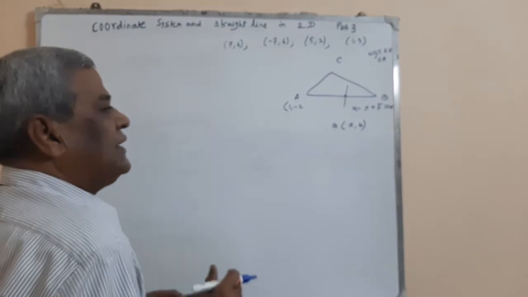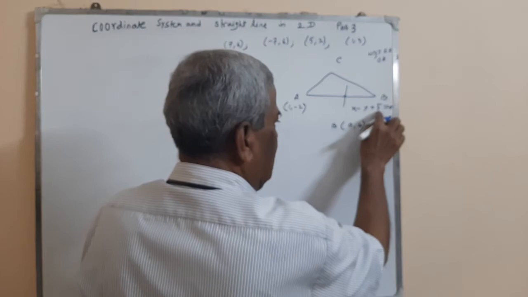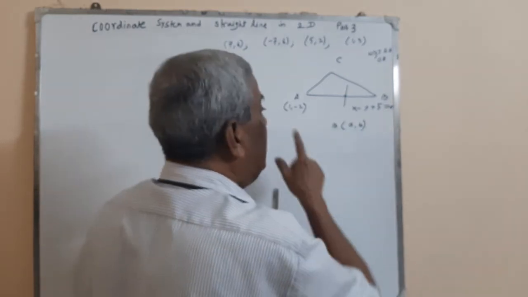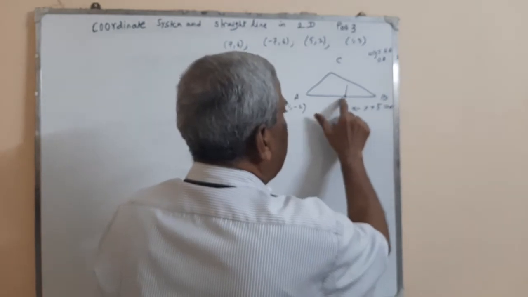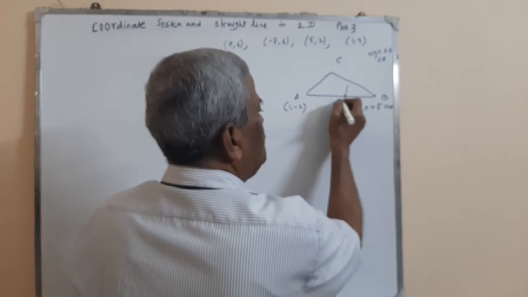As x minus y plus 5 is equal to 0 is perpendicular bisector of AB, that point is midpoint of AB. Suppose this is D, say.